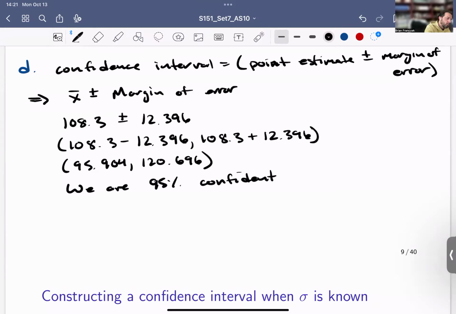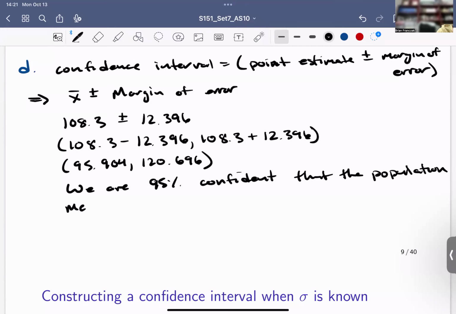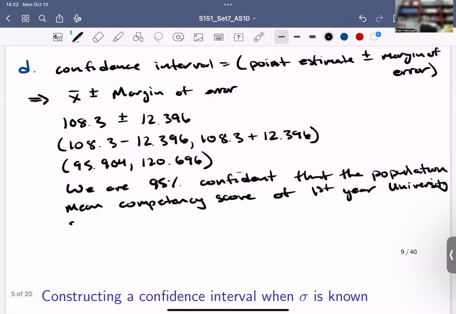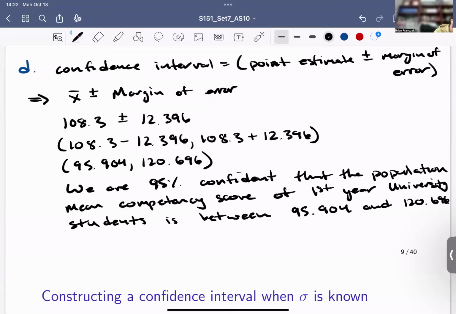Now we state what we're measuring. We are 95% confident that the population mean competency score of first year university students is between 95.904 and 120.696.